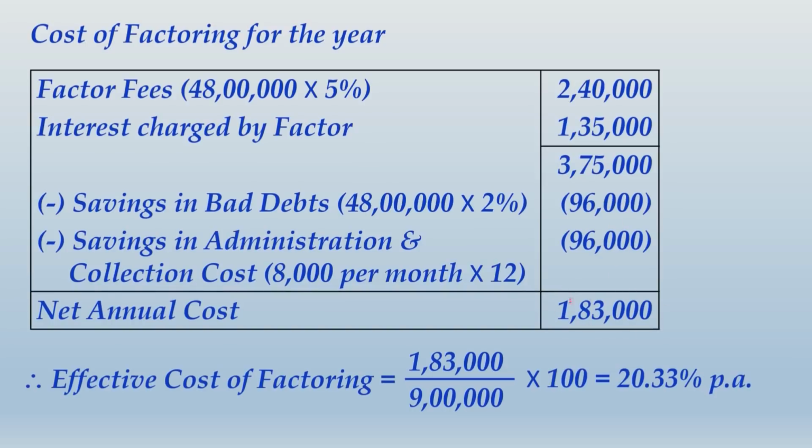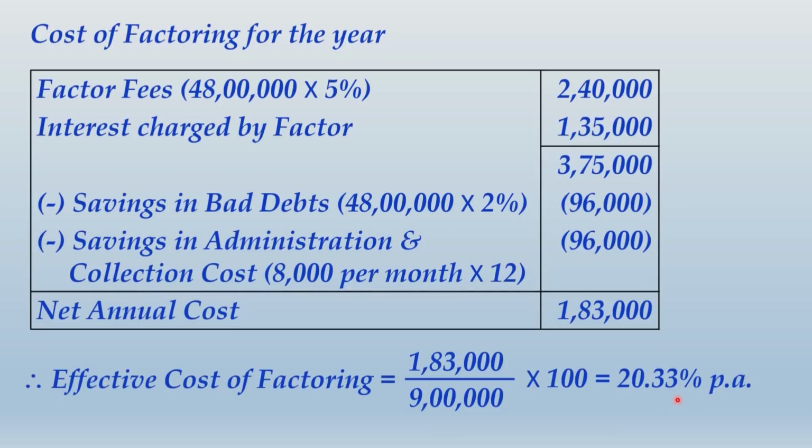So your overall factoring cost will be just 1/4 of 1,83,000 for one cycle. That you will consider as numerator divided by 9 lakhs, and whatever you get will be the cost of factoring per cycle, and then you multiply by 4 cycles, you will eventually get the same thing.